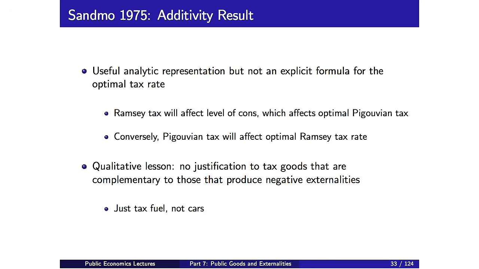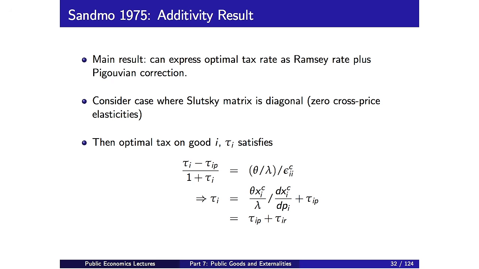And likewise, when I impose the Pigouvian tax, that's going to generate some revenue, which is going to change the multipliers, which is going to change the optimal Ramsey tax. So these are not two separate exogenous things. They both are functions of all the parameters of the model. Okay? And so really, this is just like a nice mathematical way to represent what's going on. You can't actually solve the two problems completely separately.